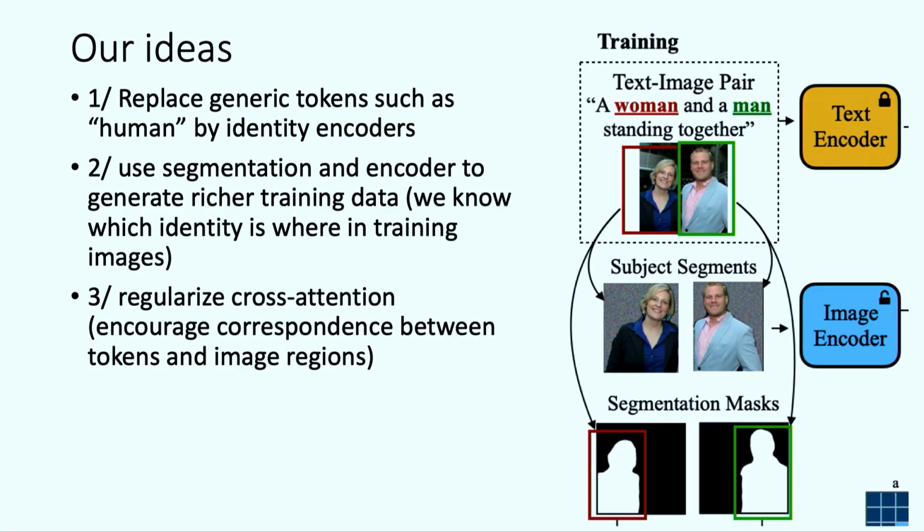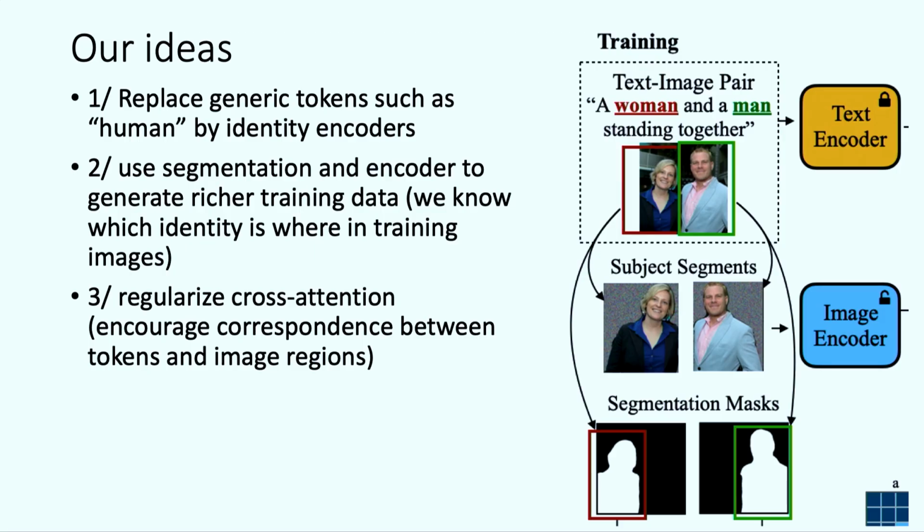And so our ideas were first to replace text tokens like a man or a pet or a woman by tokens that encode the identity of the person. So rather than being text, essentially it's a bunch of numbers that are learned by the model to encode the identity of a person. So that's number one.